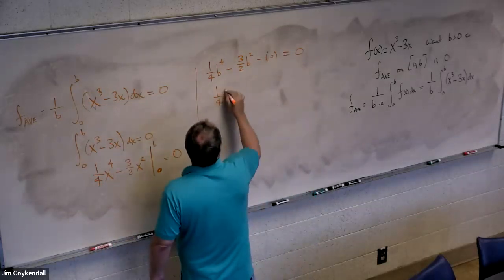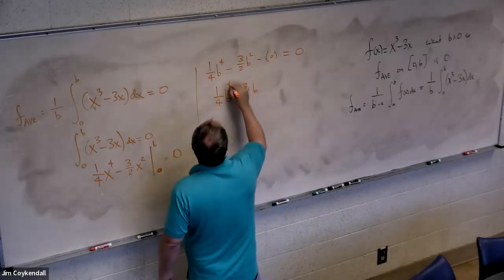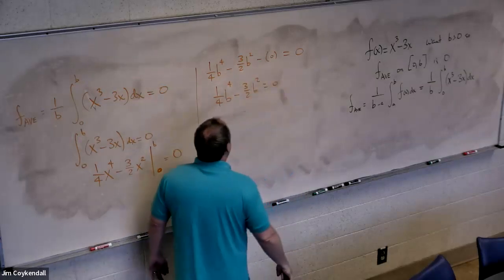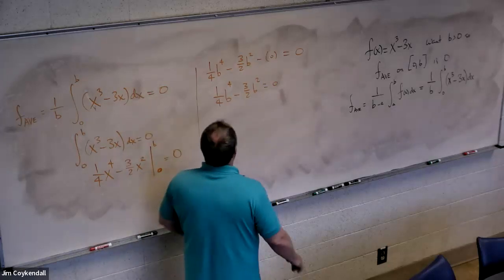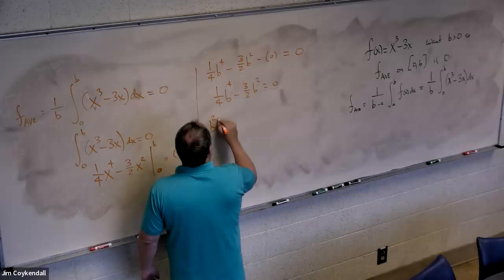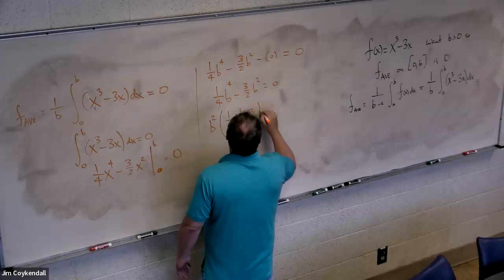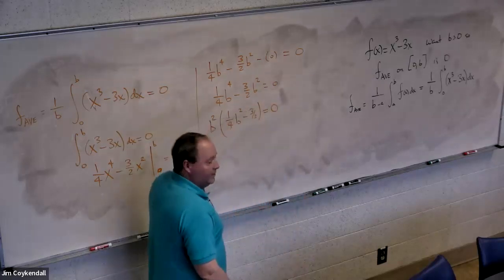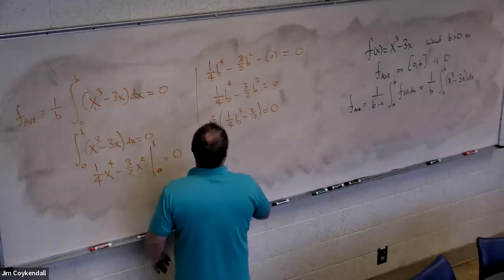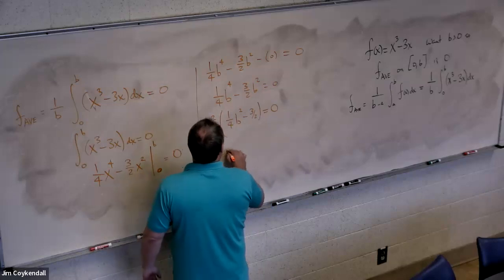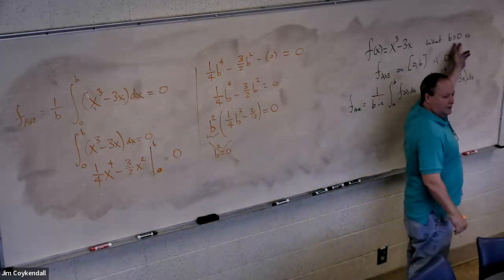So I get 1/4 B to the fourth minus 3/2 B squared is 0. So I'm just going to solve this for B. The easiest thing I can do is pull this out. One solution is B squared equals 0, and this is not allowed, because B is bigger than 0.